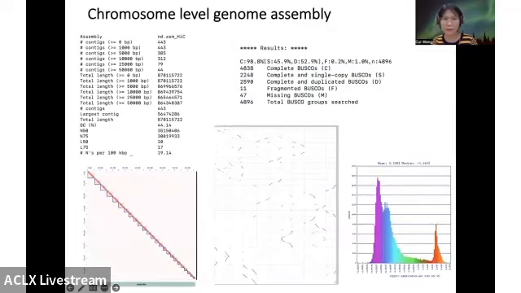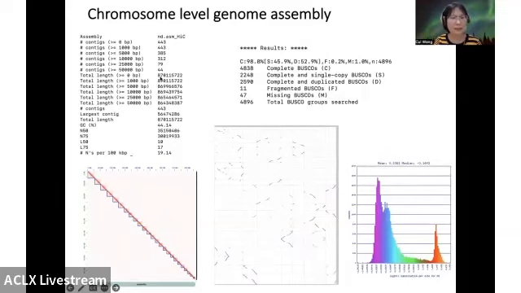To further confirm the genome assembly and the evolutionary history of the genome, we did another whole genome sequencing for a Chinese individual using PacBio HiFi reads and Hi-C scaffolding. We got a very beautiful chromosome-level genome assembly, with most of the reads anchored to the 25 chromosomes.